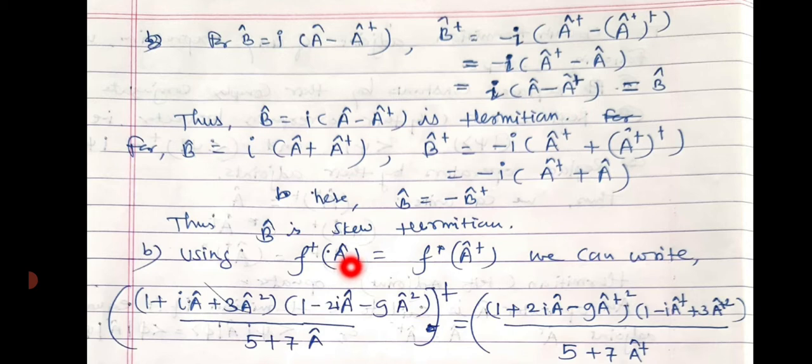The Hermitian conjugate of this term goes in the first part, and this term goes in the second part. So 1 minus 2i becomes 2i into A, minus 9A becomes 9A dagger square. Here A dagger must be there, and this part becomes 1 minus, instead of i it will become minus i. So 1 minus i into A dagger plus 3 A dagger square, divided by 5 plus 7 into A dagger.